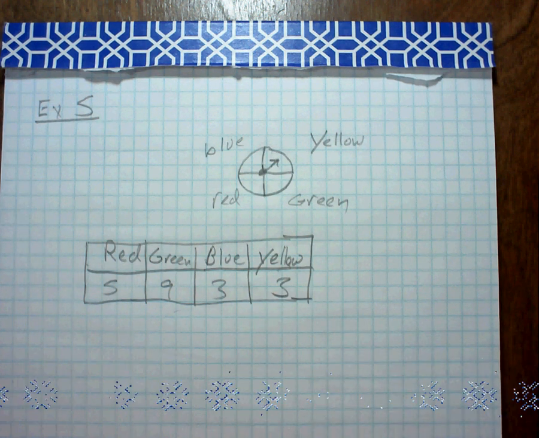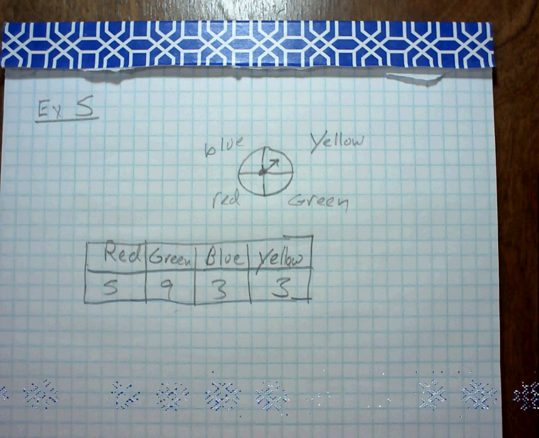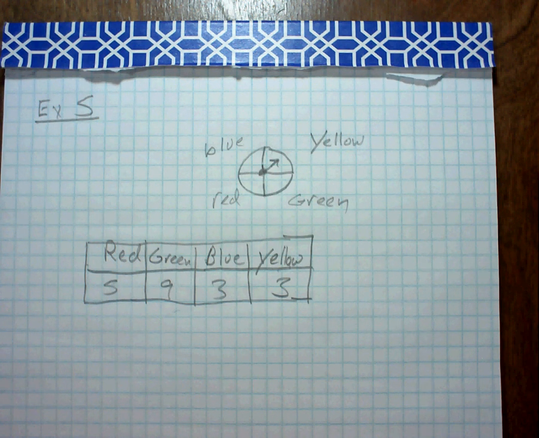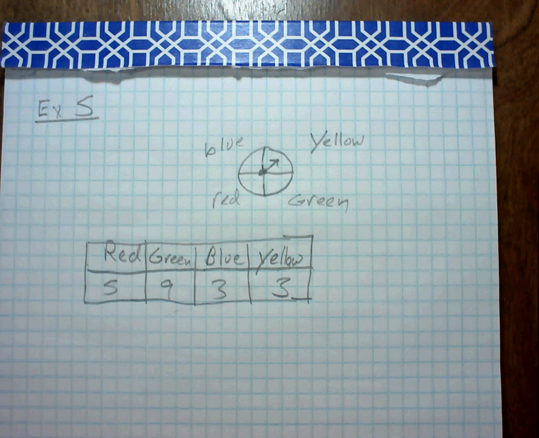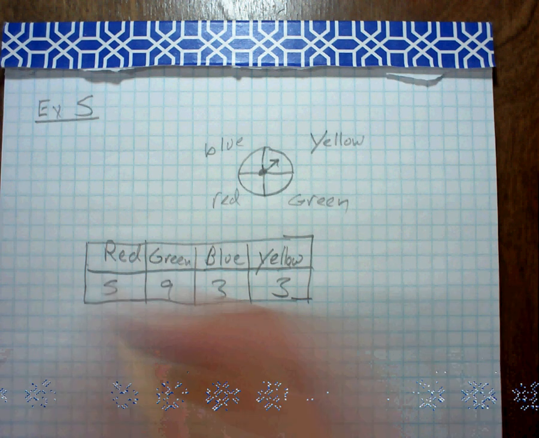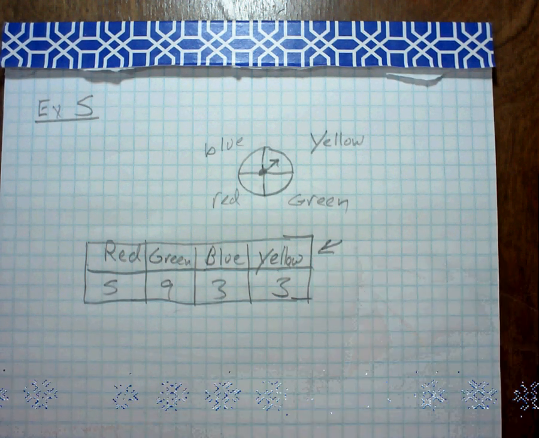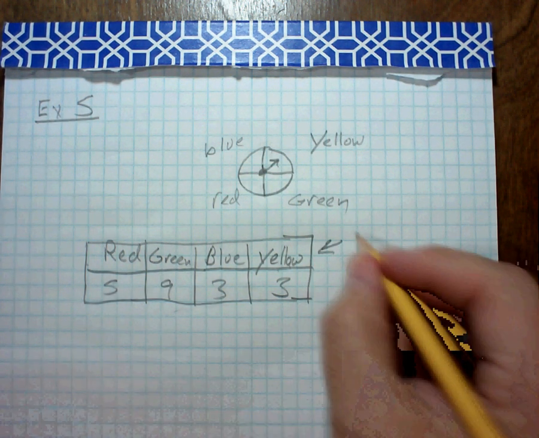And so the question that they're asking us: the table shows the results for which color is the experimental probability of stopping on the color the same as the theoretical probability. Okay, so let's talk about that a little bit. This is experimental probability.